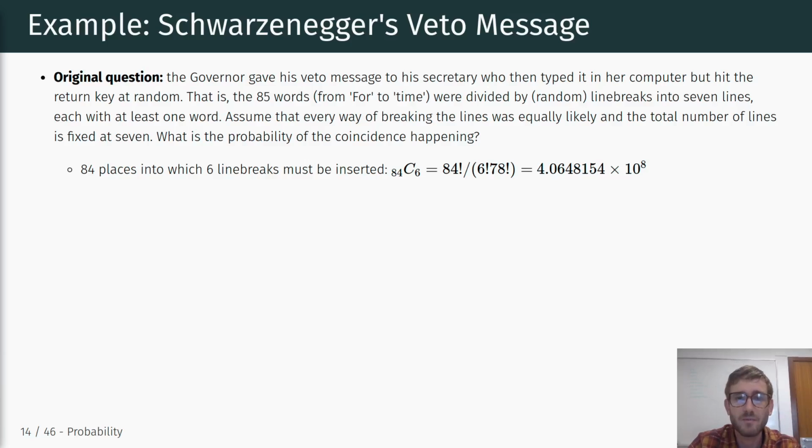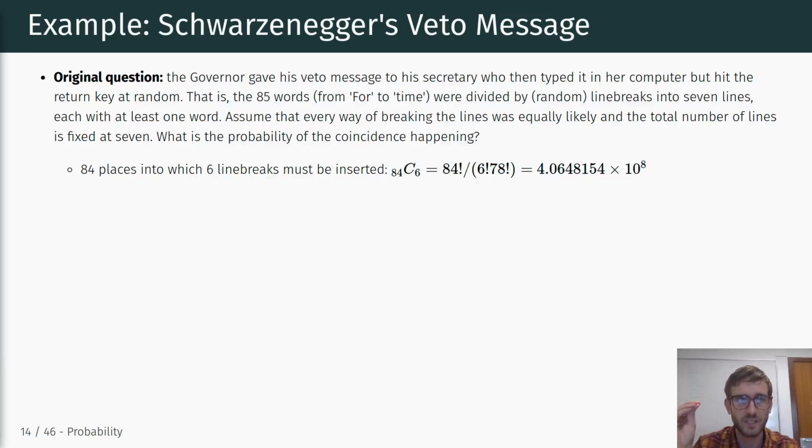But the order of the line breaks itself, if we think about placing these line breaks at different locations, is not what matters. What matters is just where you place each individual line break, right?